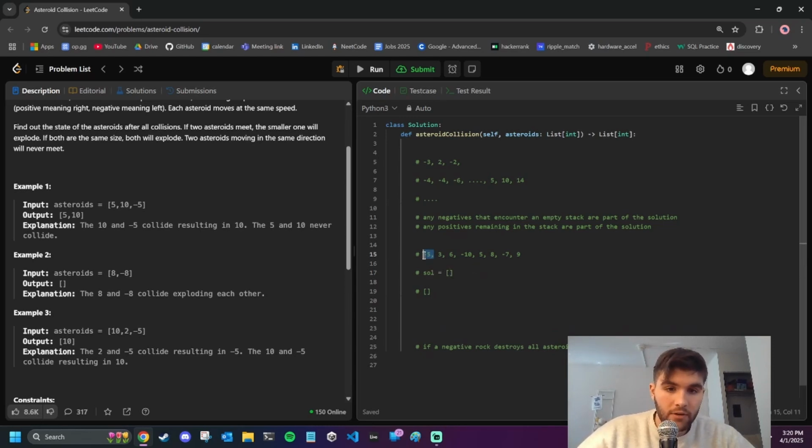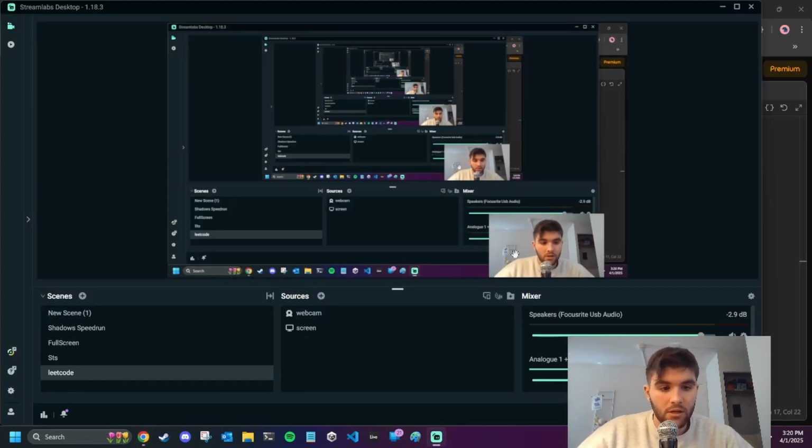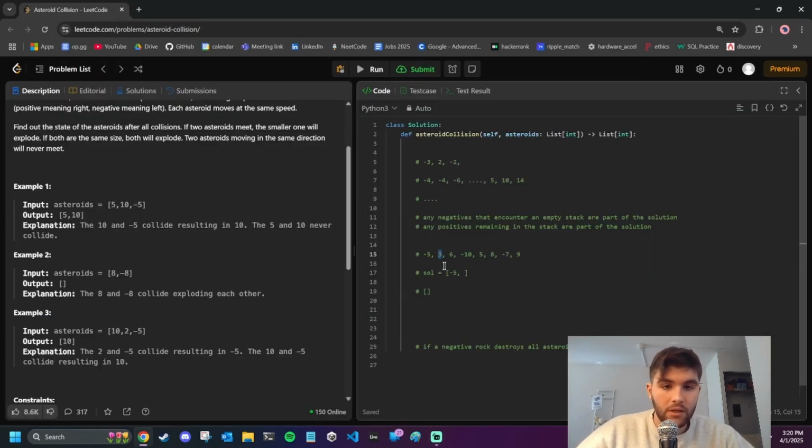So -5, we're going to check the stack. It's empty, so we're going to add it to our solution. 3 is positive, so we'll add it to our stack. 6 is positive, so we'll add it to our stack. -10 will pop from the stack. It's bigger than it.